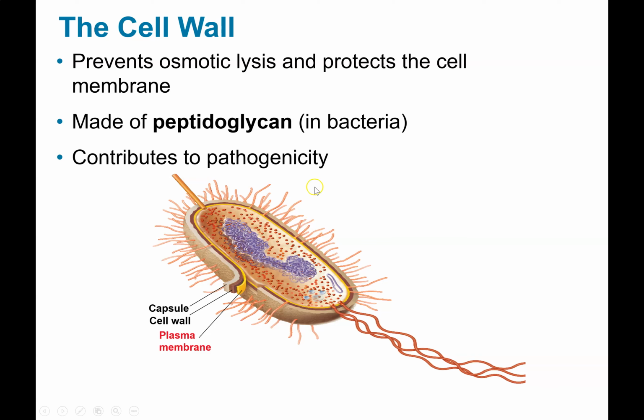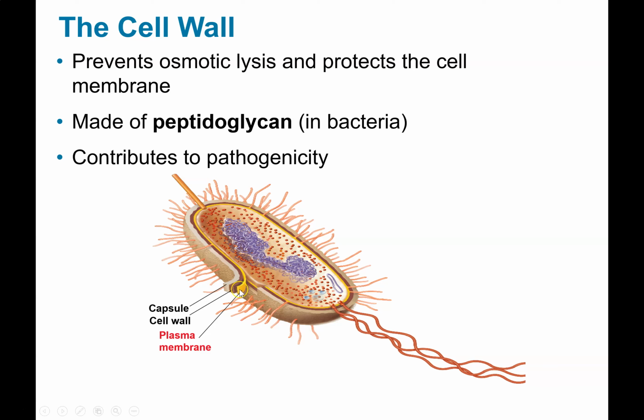It means if the bacteria is in an unbalanced environment, and you may have learned about hypotonic, hypertonic, isotonic. We're going to visit those in a little bit here. But if the bacteria is in a hypotonic environment where there's more water on the outside, what's going to happen? The water is going to enter the cell, and the cell, you would think, would probably burst. That happens to our cells if they are in a hypotonic environment, because we don't have a cell wall.